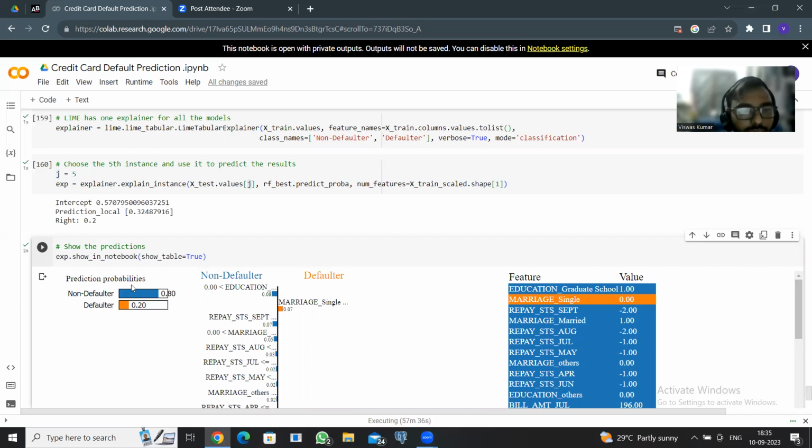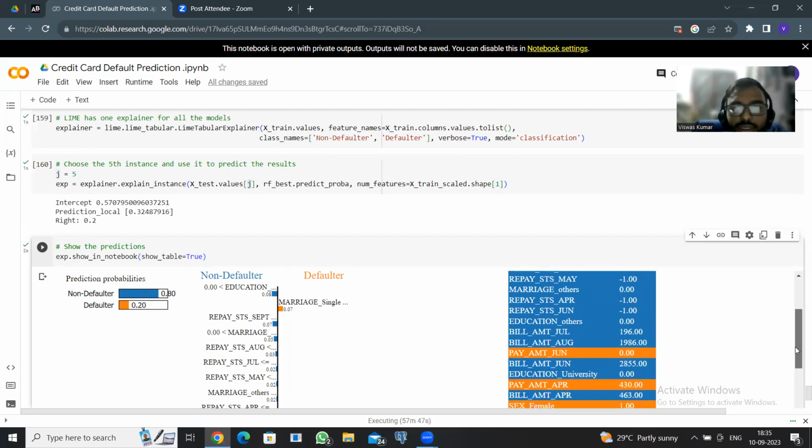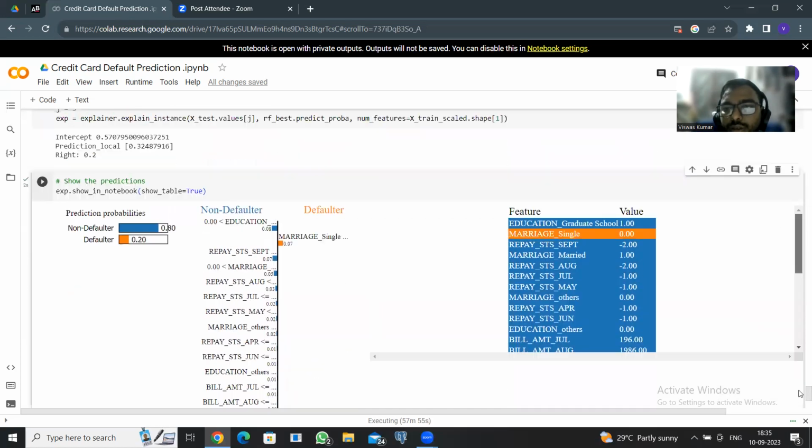Here we can see that the fifth customer, or the fifth data point, is coming out to be a non-defaulter. These are the features that are contributing most to the customer being determined a non-defaulter.